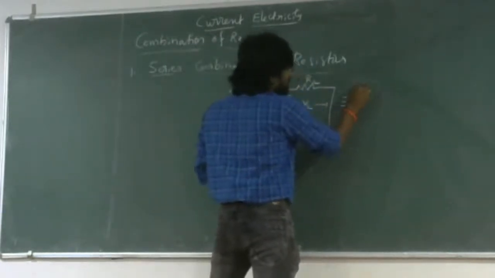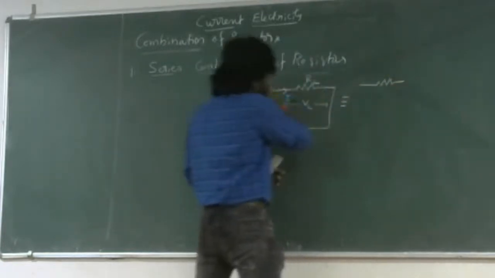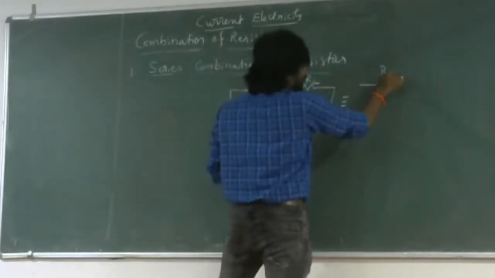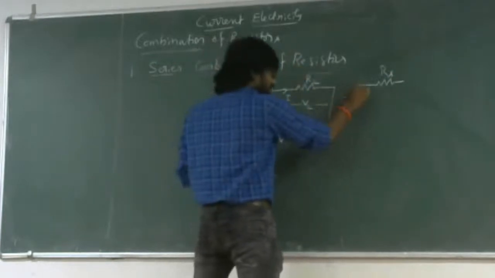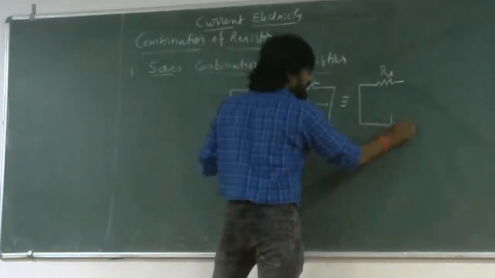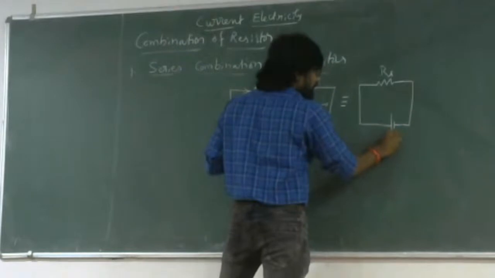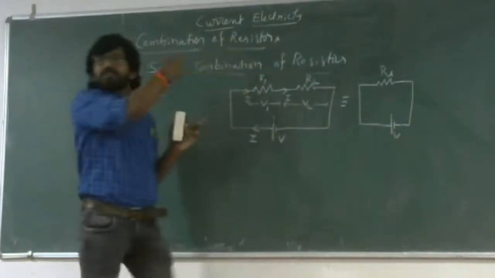The equivalent resistance in series combination will be represented as Rs. If you take that single resistor with the same battery, it plays the same role as the combination of resistors.